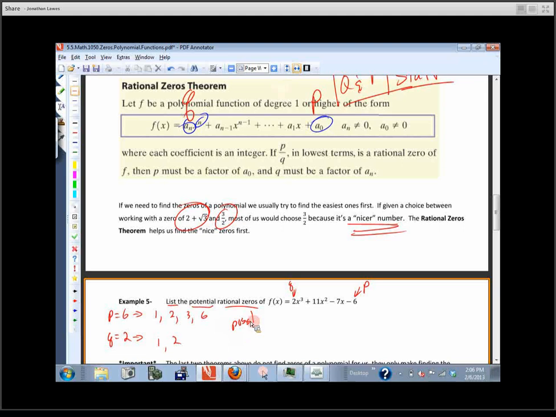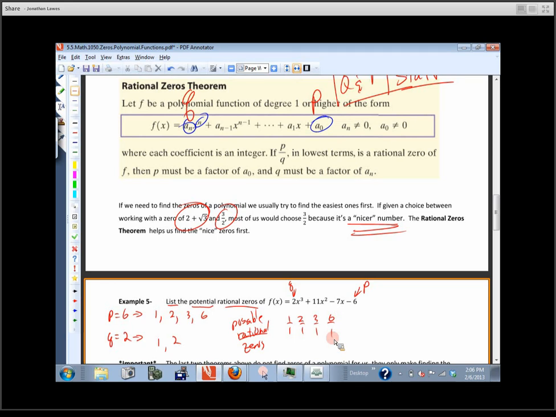Possible rational zeros. They've got to be factors of P over factors of Q. I'll say that again. Factors of P over factors of Q. So it could be 1 over 1. It could be 2 over 1. It could be 3 over 1. It could be 6 over 1.